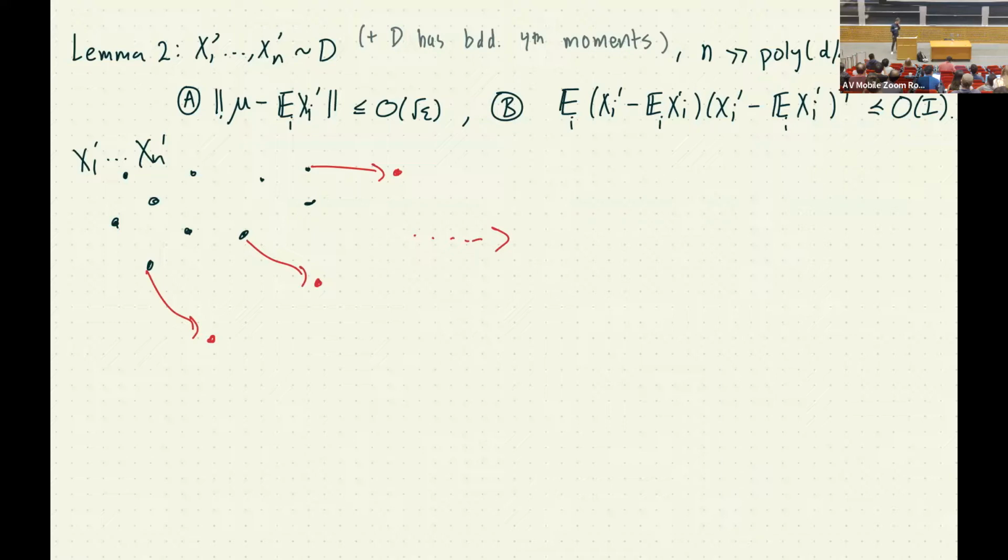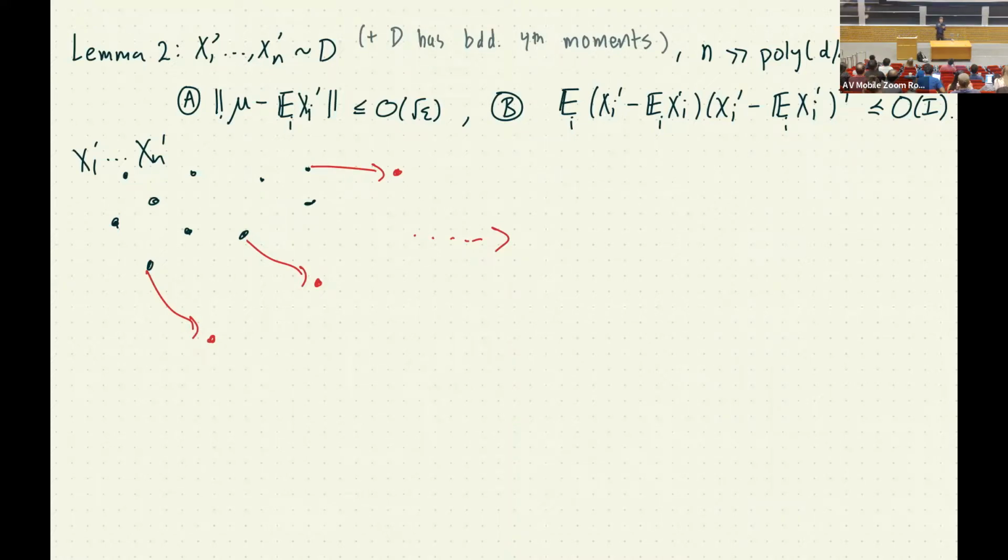Now, what I'm going to do is take my corrupted samples and try to find a collection of points in R^n whose empirical distribution, the average over those points, is epsilon close in total variation distance to the corrupted samples that I get, and which has bounded empirical covariance. Basically, there's some distribution that's hidden from me: the empirical distribution over the good samples, x1 prime through xn prime.